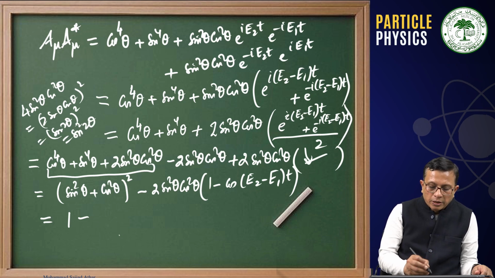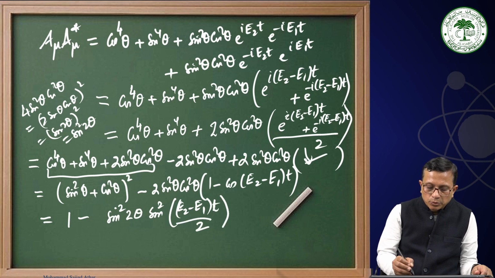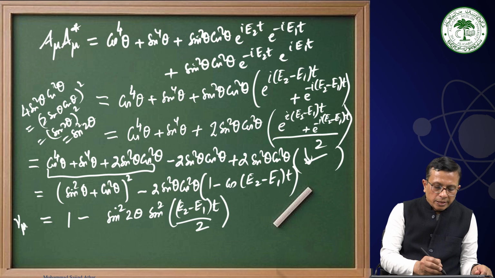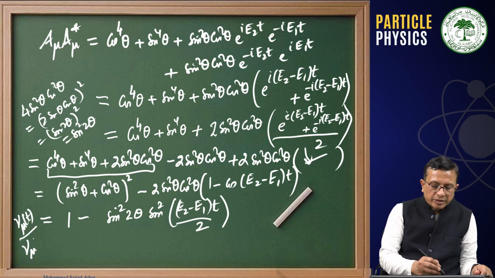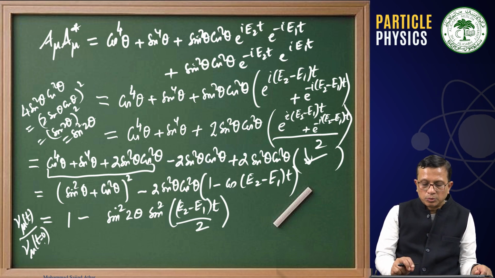Therefore, what we have is 1 minus sin²2θ times sin² (E2−E1)t by 2. This is the ratio of the intensity after a time t to the intensity at time t equal to 0.